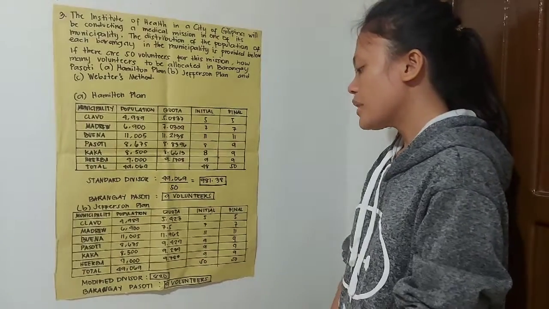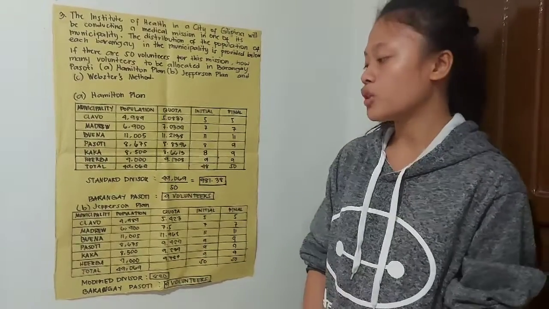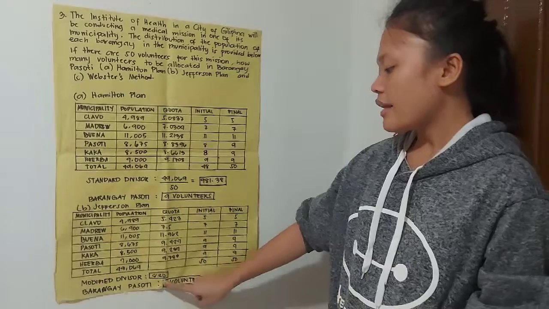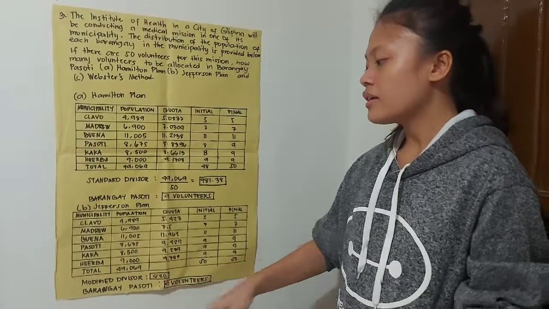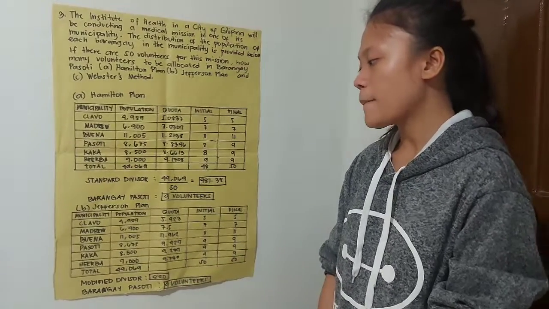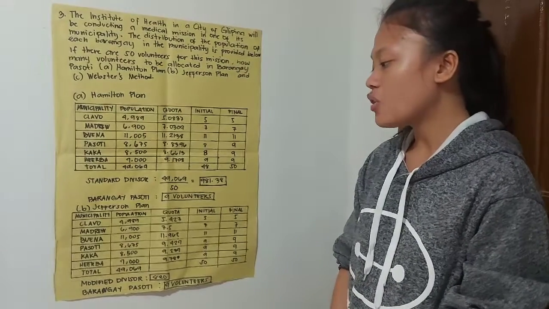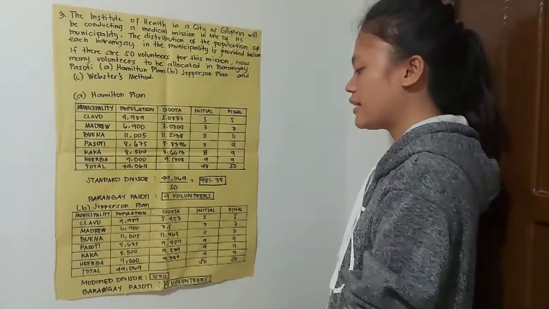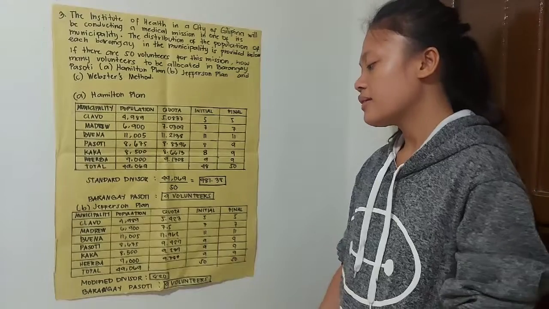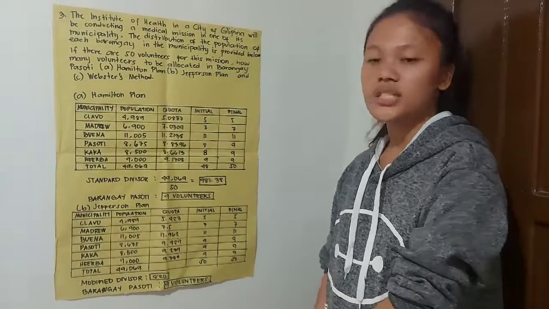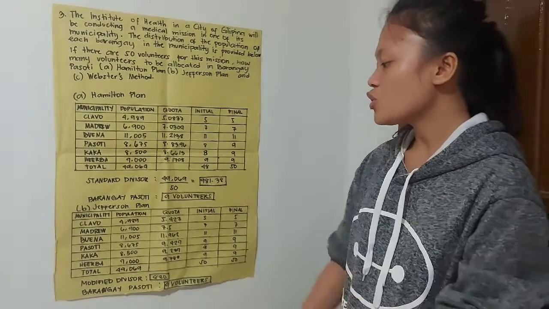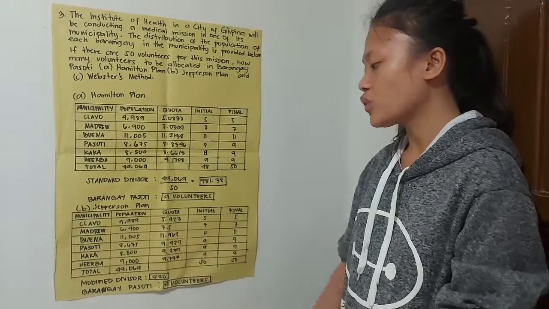I tried 820, and then I divided the population of each municipality by 820. For example, Calavo has a population of 4,989. Divided by the modified divisor of 820, it equals a quota of 5.423.